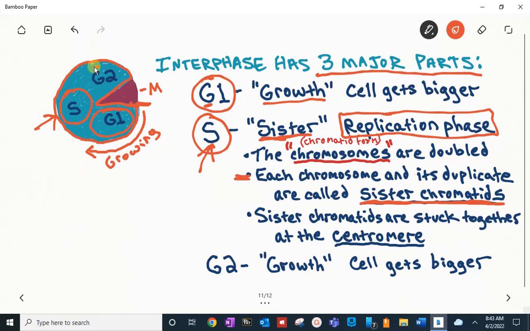Then finally, we have another growth phase, G2, and of course G again stands for growth, and that's when the cell gets bigger again. During this time, the sister chromatids also get bigger. Everything in the cell gets bigger, and the sister chromatids start to condense.